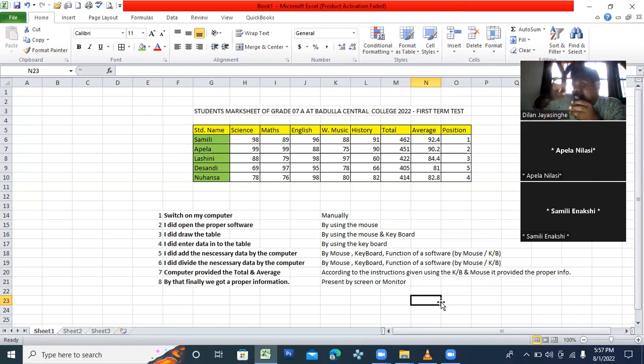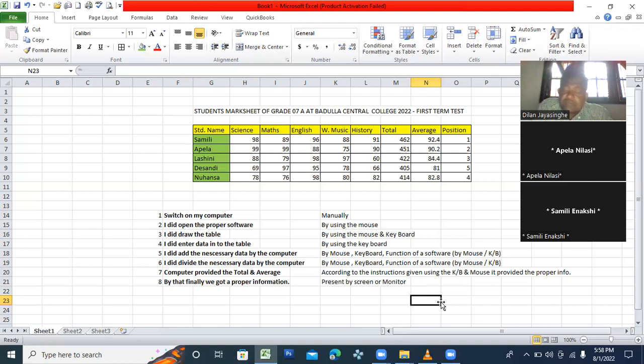By doing some sort of execution task, it generated the total and average, and finally it did show us. How did it show? It did show us by the monitor or screen. Understood this?